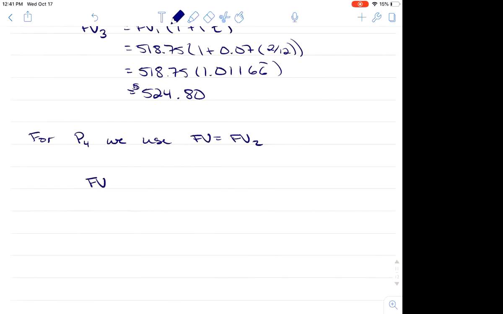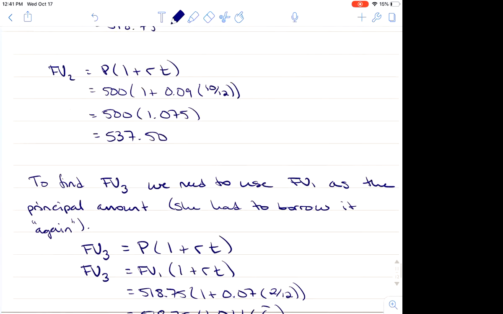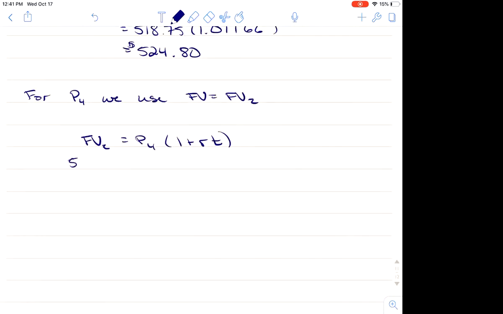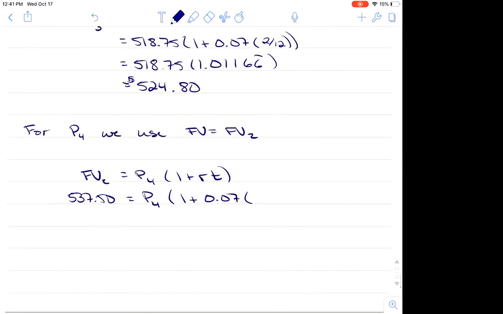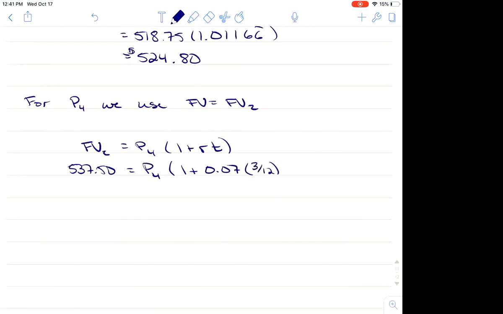So future value 2 is P4 times 1 plus RT. We know future value 2 is 537.50. P4, which we're trying to find, times 1 plus the rate, which is 0.07 now. And T, we said, was 3 out of 12. Three out of 12 times 0.07 plus 1.